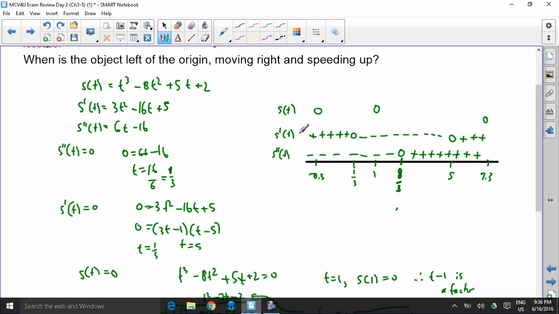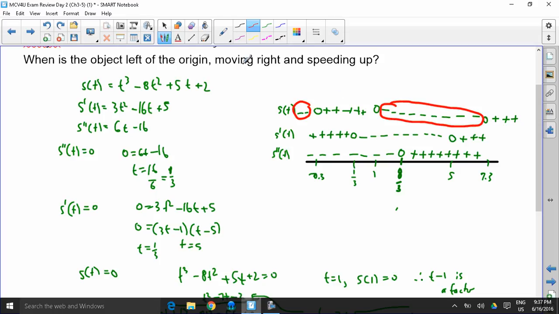When do I know it's speeding up? It's when the object is moving in the same direction as it is being pulled. And we were lucky that in this interval here, all three of those things work. If this was minus, it could be that nowhere on our interval was this actually true, but it was.